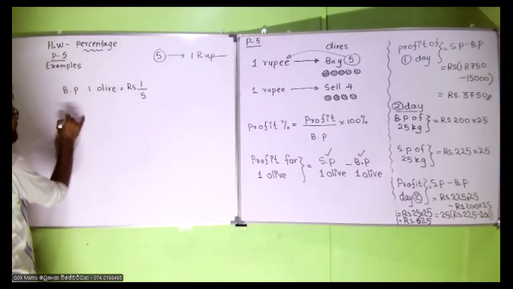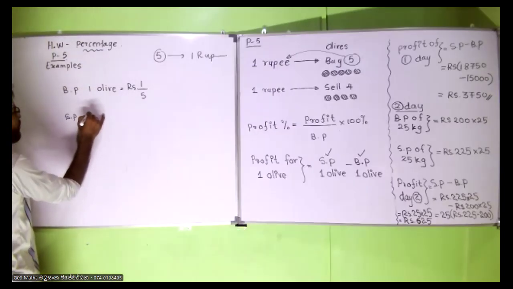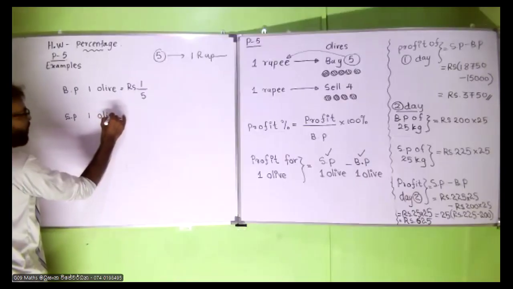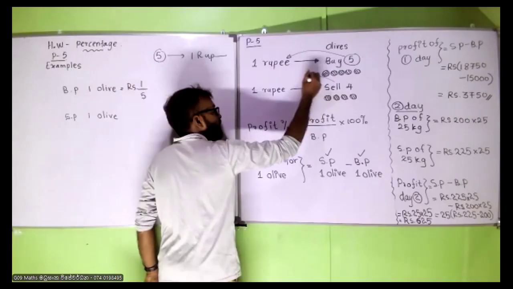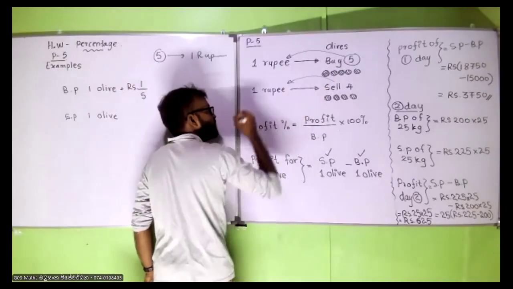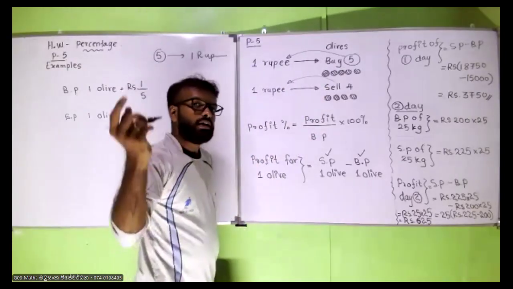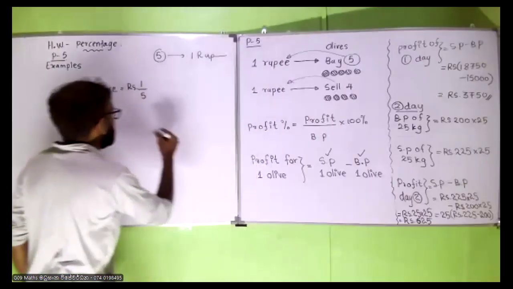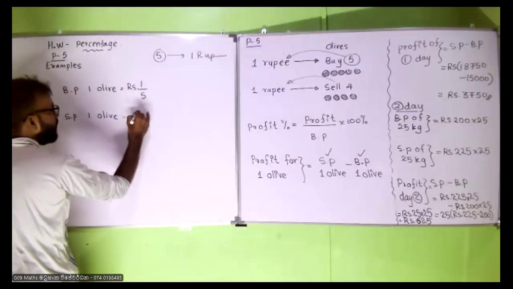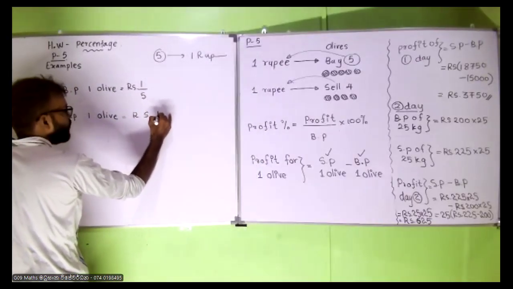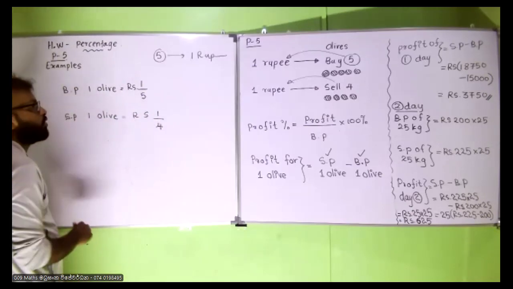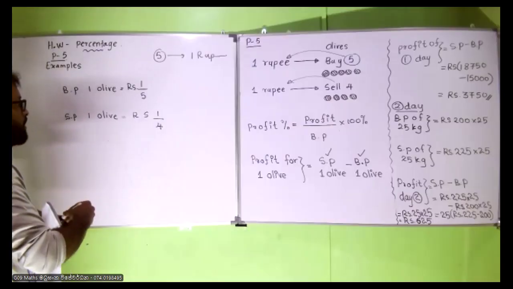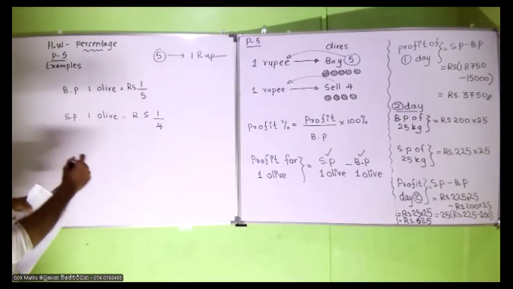So how are you going to find the selling price of 1 olive then? You know the price of 4 is 1 rupee. If you want to get the price of 1, you have to divide that 1 rupee by 4, so that you can obtain the selling price of 1 olive.